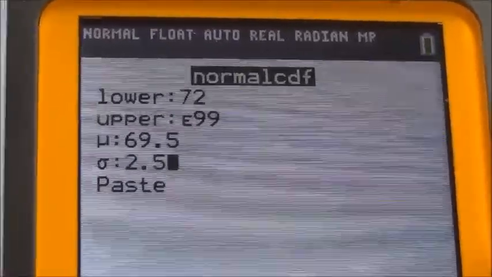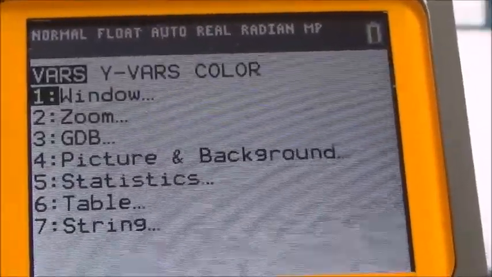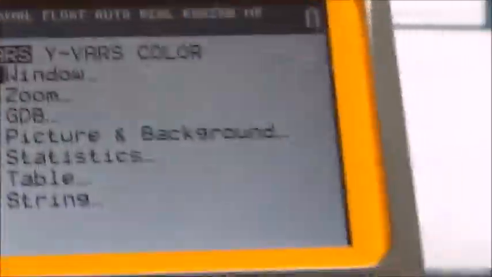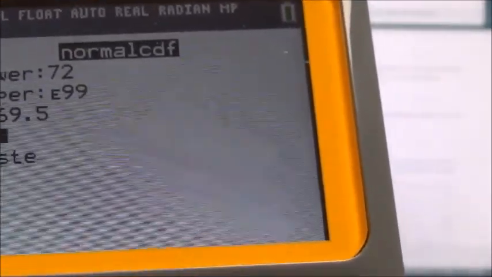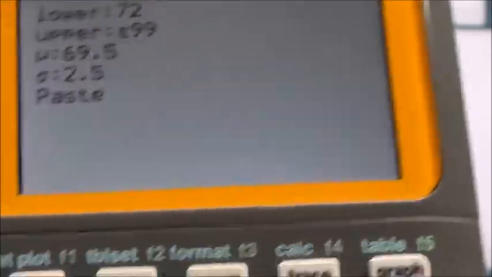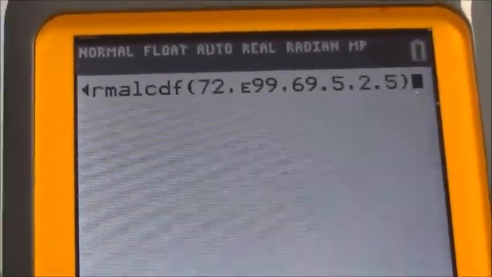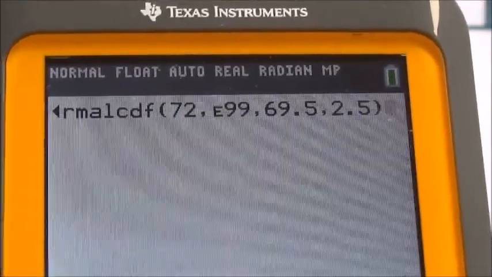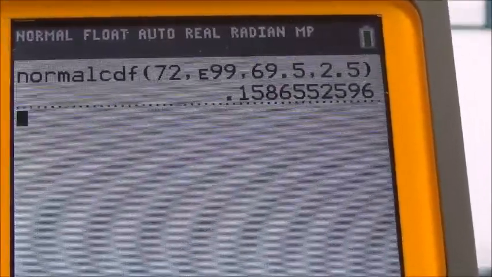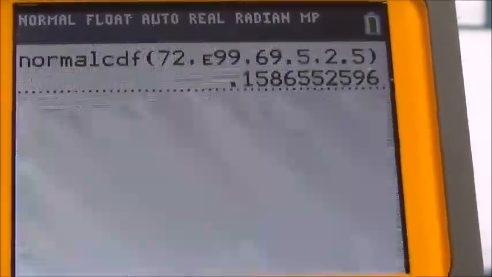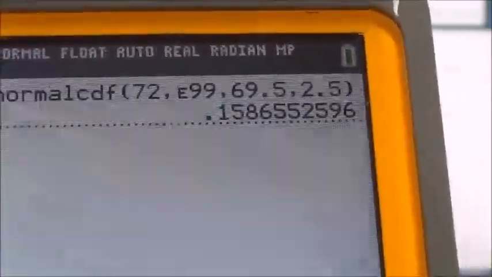Mean 69.5. Standard deviation 2.5. Now if I hit enter, you have that pasted into your formula. And we have 0.1587 if I round that off to 4 decimal places.